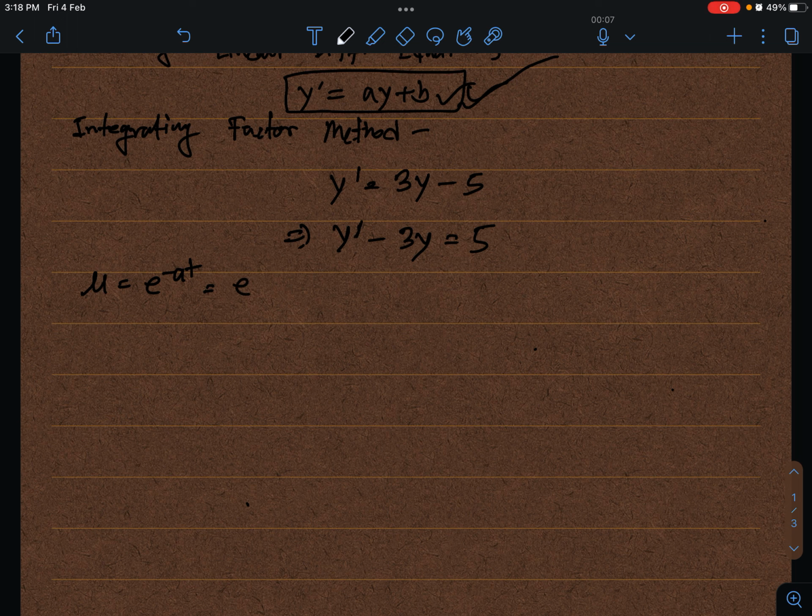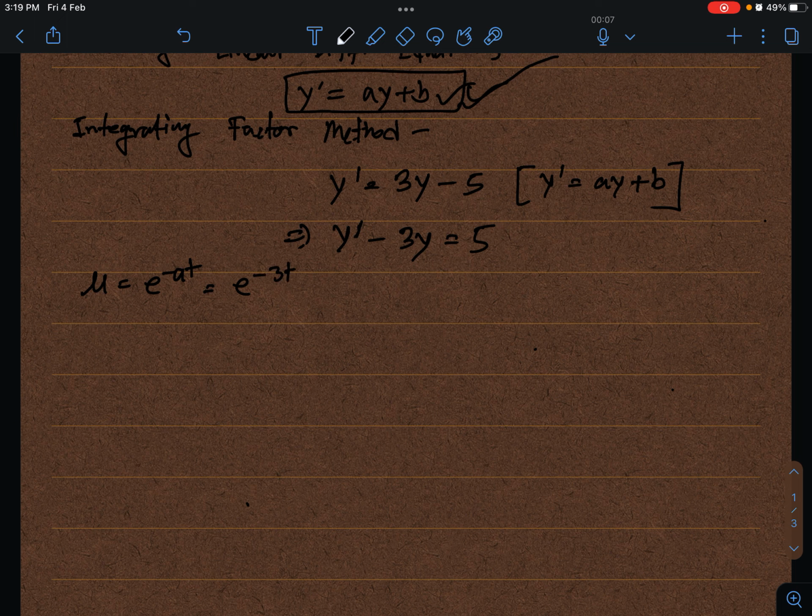This has the form y prime equals ay plus b, so here a has the value 3 and b has the value -5. In this case, the integrating factor would be e to the power minus 3t.